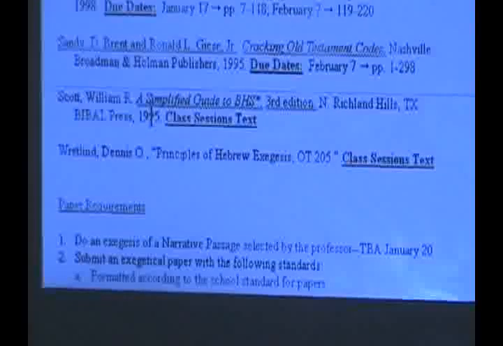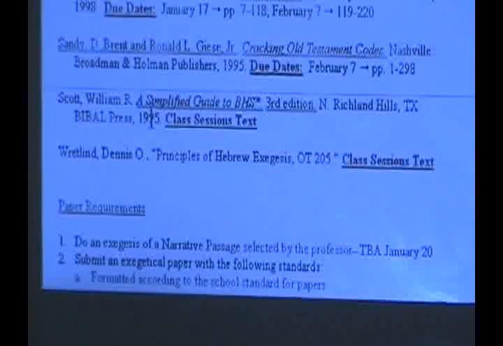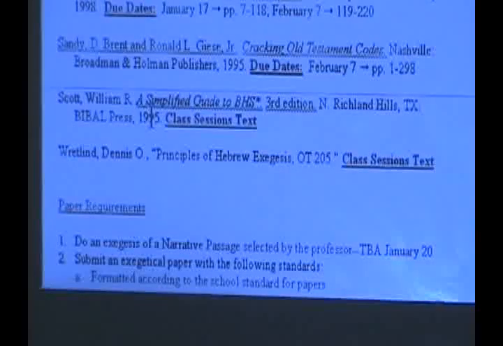Lord willing, we're going to work all of the textual problems in the book of Ruth. Work through this book then, in the book of Ruth, and learn how to do it in the process. But the others are readings that you need to do ahead of time, which I'm presuming you already did. I'll get back to that in a minute.